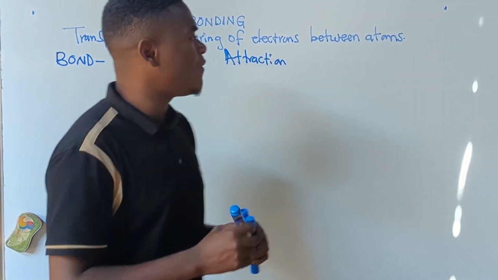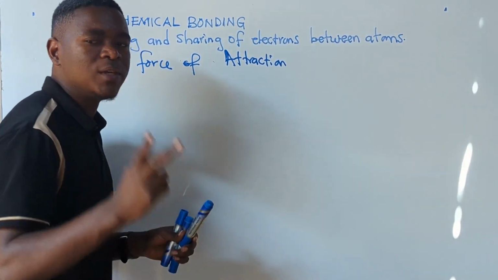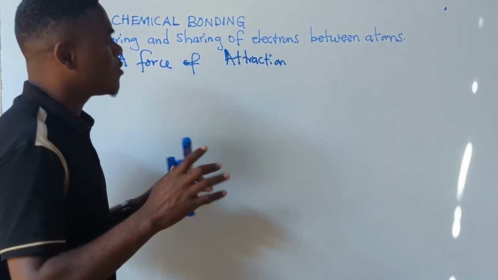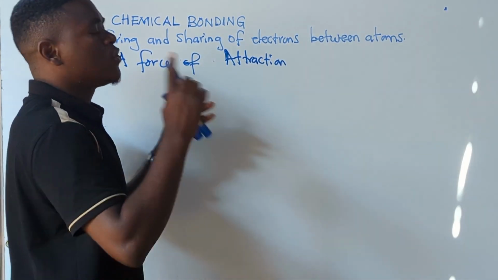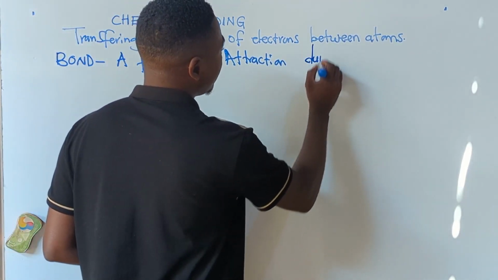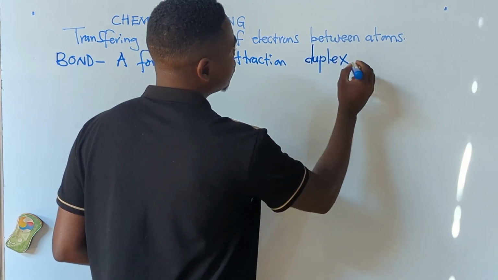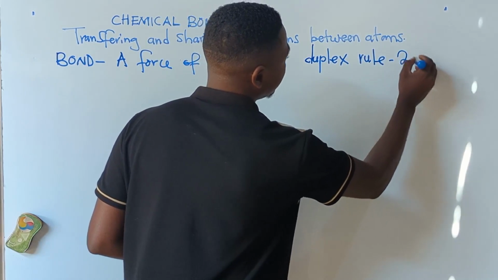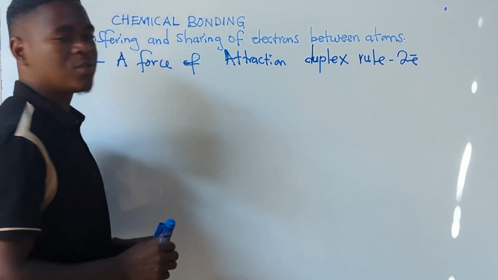Those that have 2 electrons are noble gases or inert gases. Those that have 2 electrons in their outermost shell obey a law that we call the duplet rule.